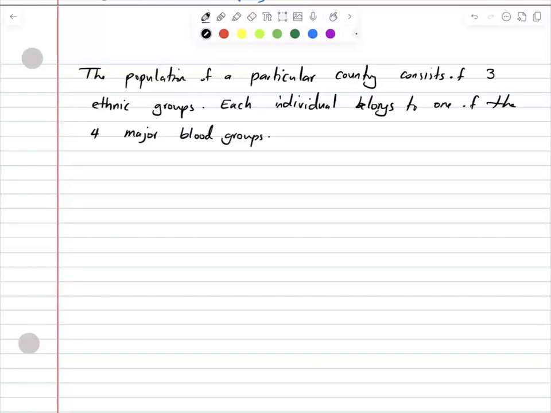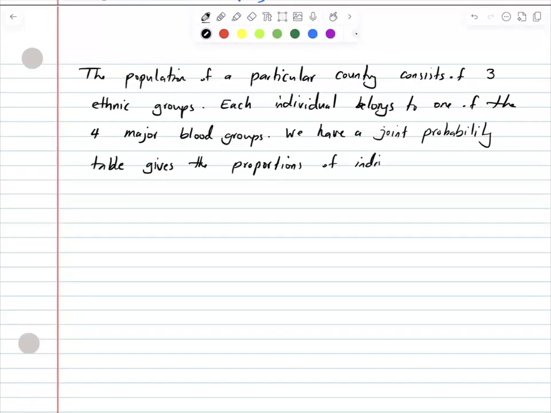We have a joint probability table which gives the proportions of individuals in the various ethnic groups and the blood group combination.